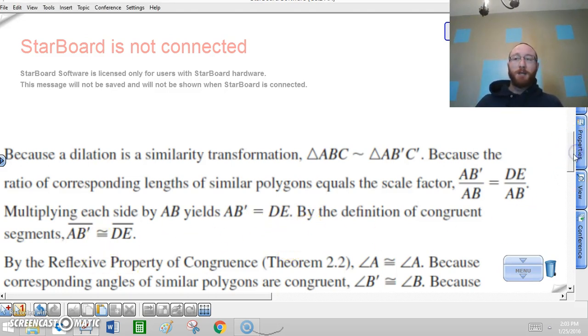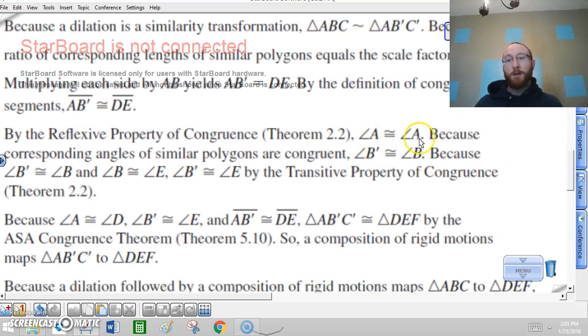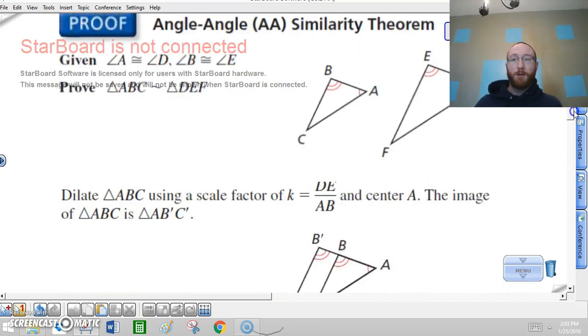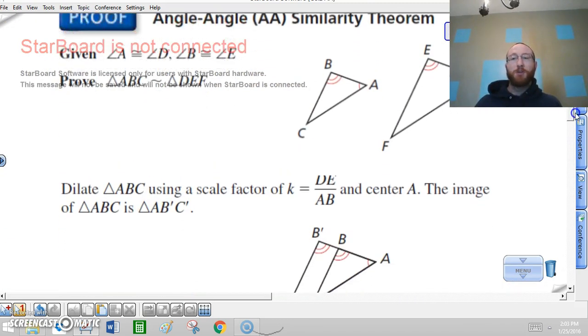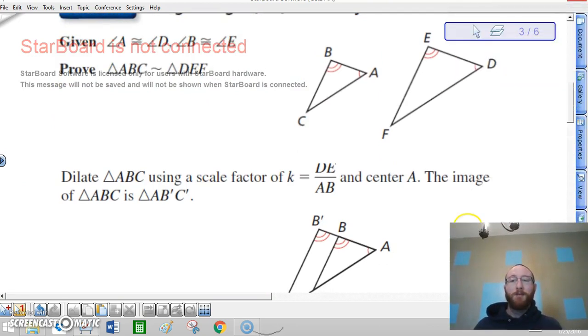And since we know those sides are congruent, and we know that angle A matches angle A, and angle B is congruent to angle B, if we go back and look at the picture, I've now shown, move myself out of the way, I've now shown that A and D are congruent.